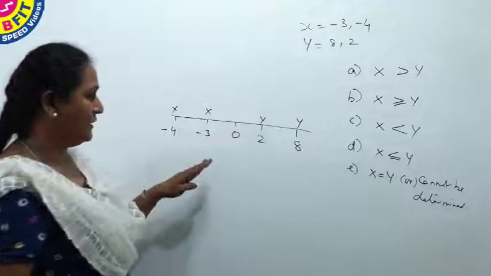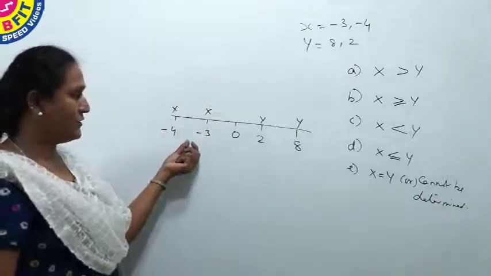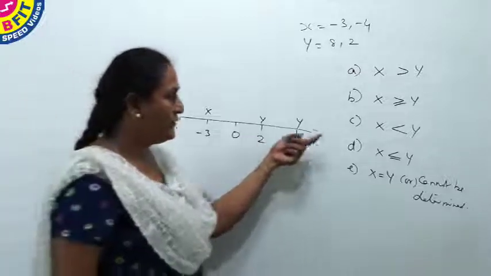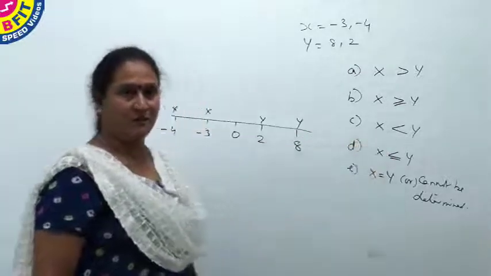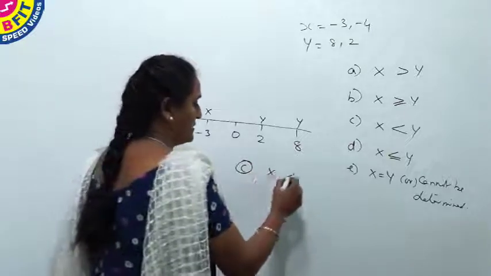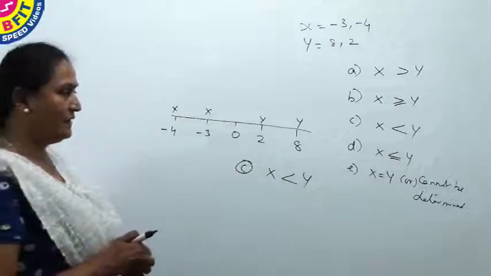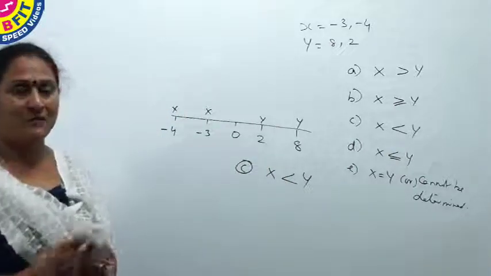So here clearly y is greater than x, or both the values of x are less than y, so we go for option C. So as x is less than y, we choose option C. So with the same pattern, we'll see how to solve the questions in the exercise.